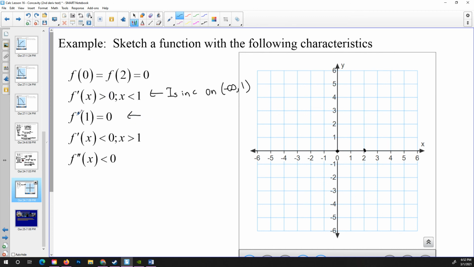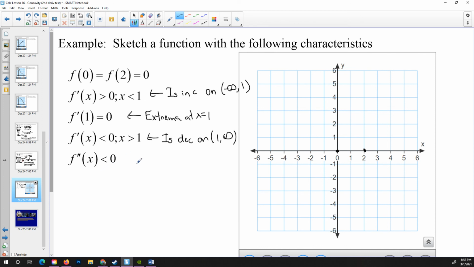Here it says the first derivative at 1 is equal to 0. So we have an extrema at x equal to 1. Here it says the first derivative is going to be negative for values of x that are greater than 1. So this says that it is decreasing on 1 to positive infinity.